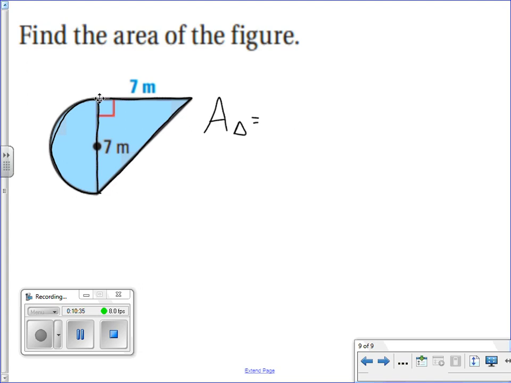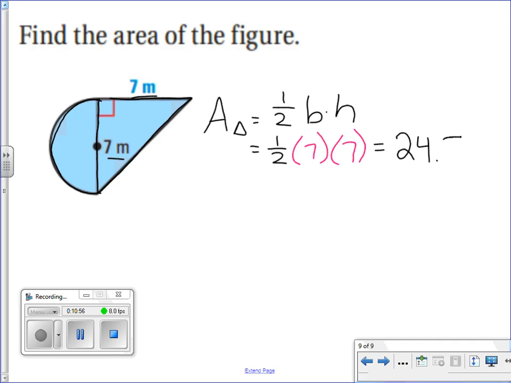Area of a triangle is 1/2 base times height. If I look at my triangle, I see that my base and height are both the same. They are 7. So 1/2 times 7 times 7. I can plug that in my calculator, and I end up getting 24.5. So I'm going to highlight that.